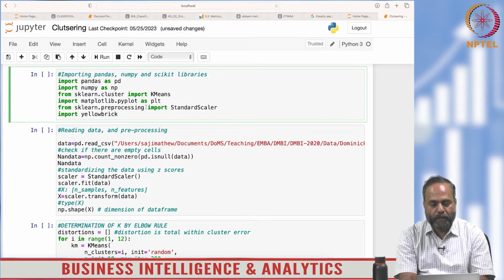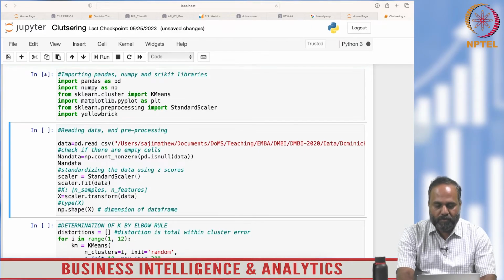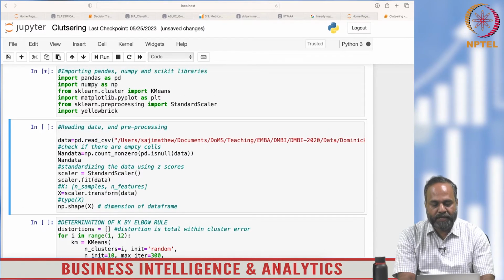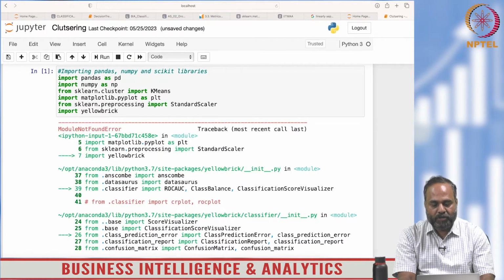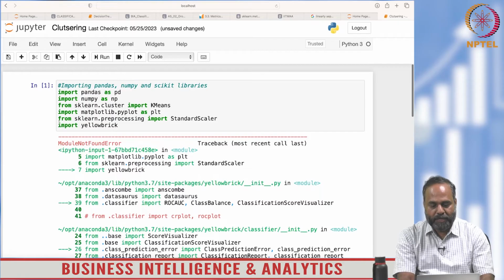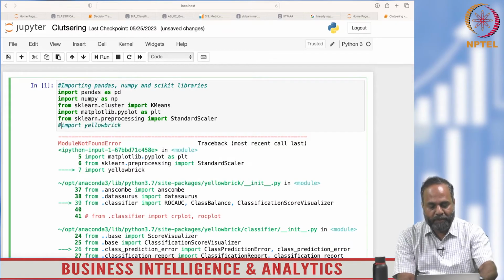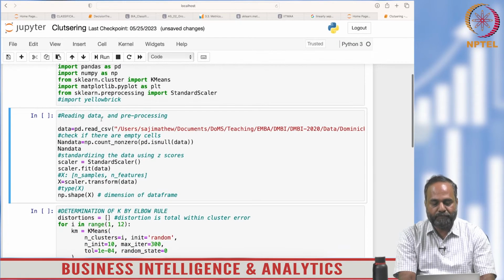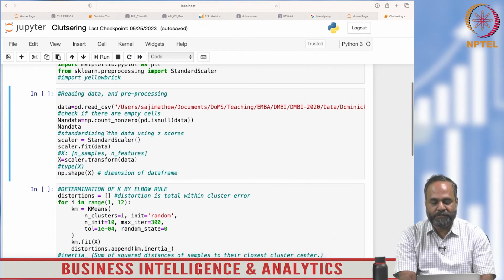So, I run that cell, and my goodness, Yellowbrick has a problem, maybe I updated it. I'm not going to use it, so don't worry about it, it's not mandatory for this exercise.